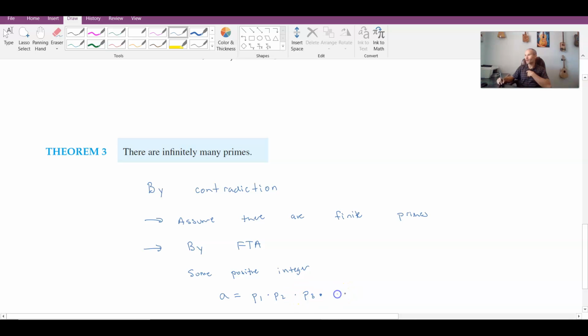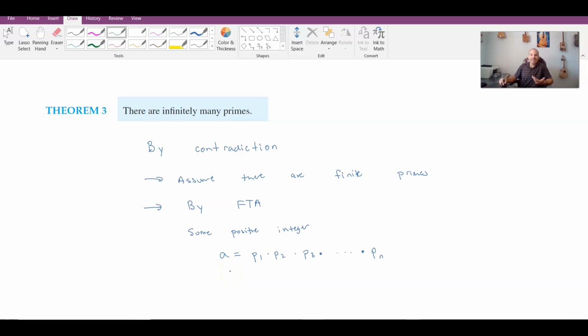And since there's a finite number of them, I'll just say that there are n primes. Okay, now some of these may be repeats. It can be 2 times 2 times 3 times 3 times 5 times 5 times 5, etc. But that means that there's a finite number of primes.